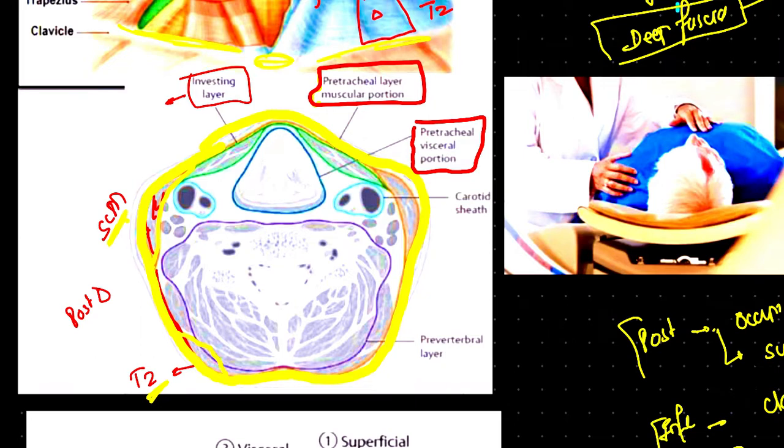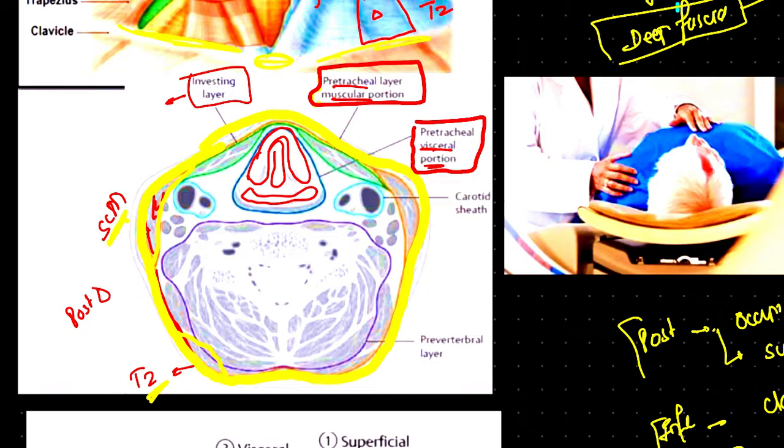The thyroid gland, the trachea, and the esophagus. These are the viscera covered by the pre-tracheal layer, especially the pre-tracheal visceral portion. Similarly, the pre-tracheal layer, muscular portion, includes the muscles. Okay, this was about the pre-tracheal layer.